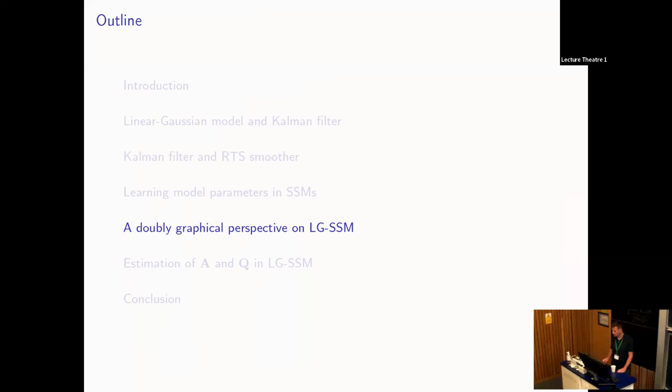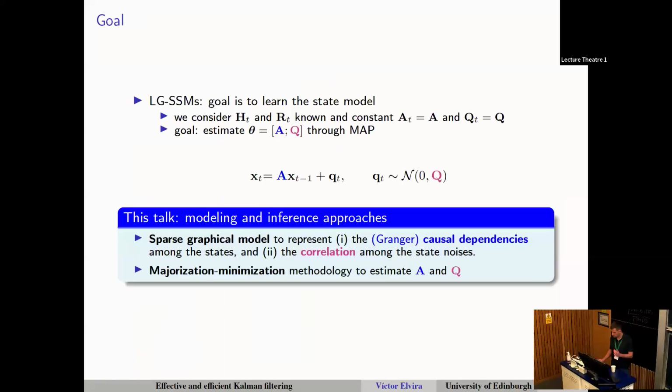And now I'm going to just close with some work that we have been doing in estimating model parameters in state space models. What you have seen now, we have devoted some time to see the EM algorithm particularized for the linear Gaussian state space model.